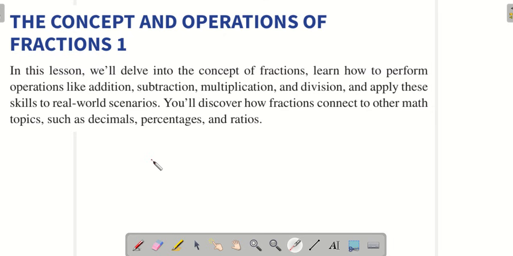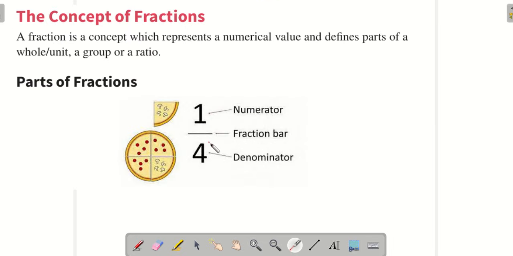You will discover how fractions connect to other mathematics topics such as decimals, percentages, and ratios. Now let's start with the concept of fractions.